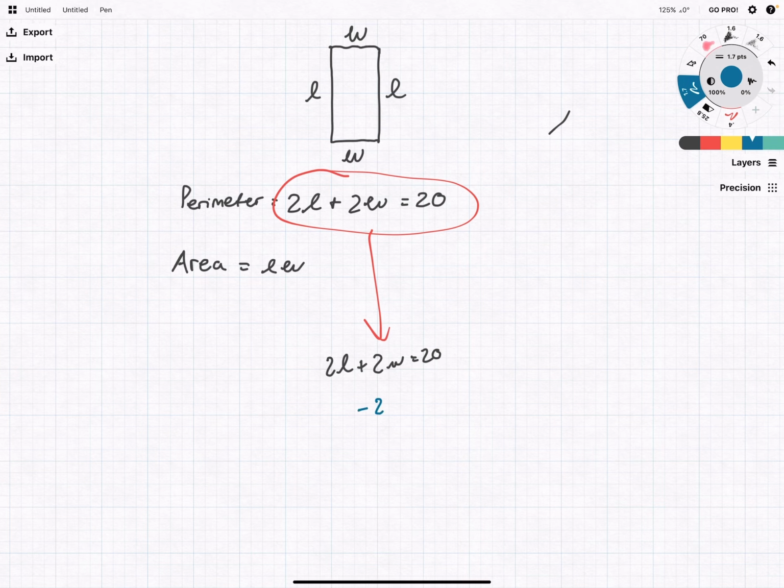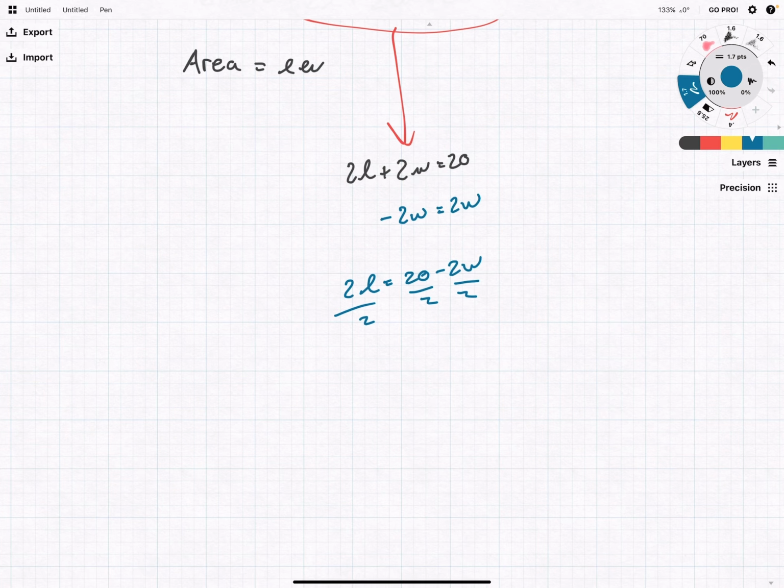Okay, let's subtract 2W from both sides. And that gives us 2L equals 20 minus 2W. Now, let's divide everything by 2. And we're left with L equals 10 minus W.